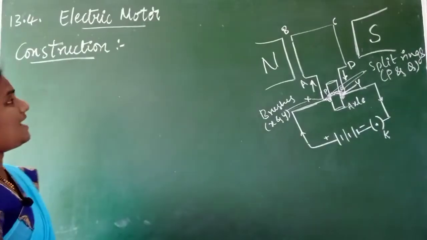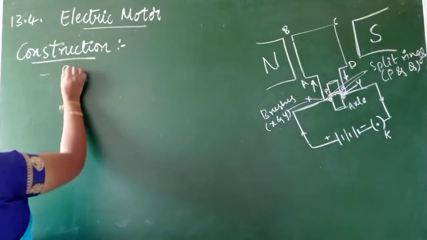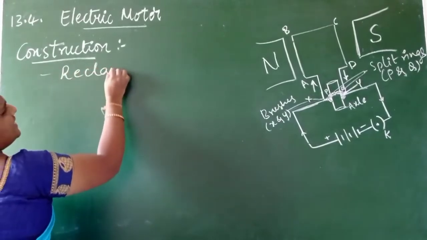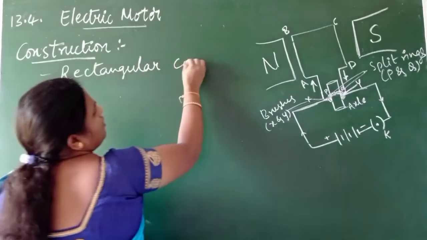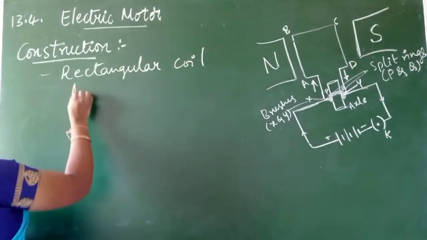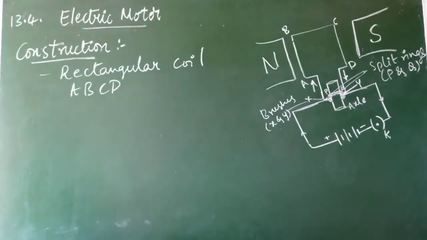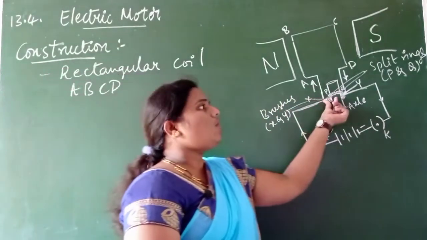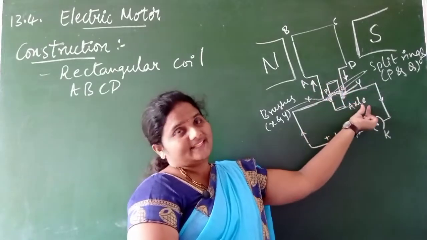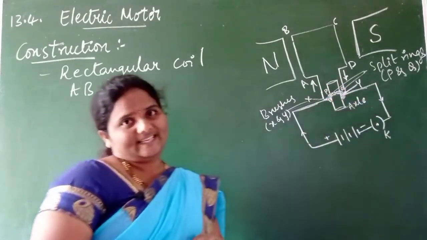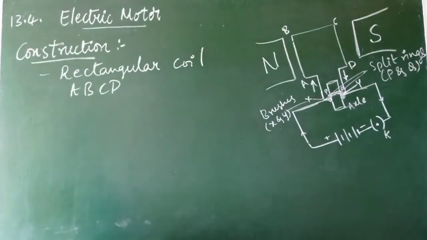So children, an electric motor consists of a rectangular coil which is named ABCD, and the ends of the coil, children, are connected to the split rings.